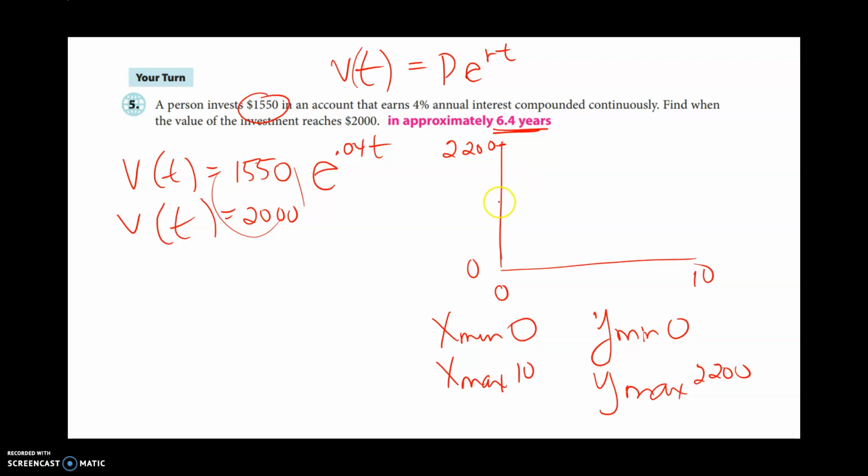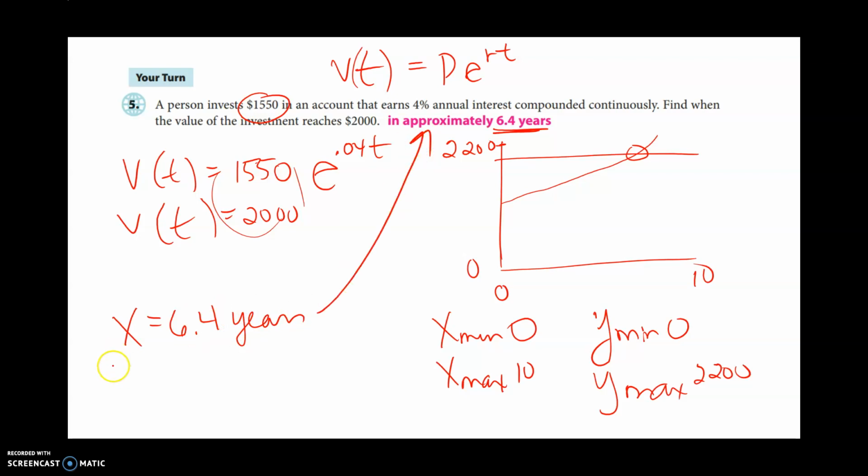I'm going to see it, just doing something like this. So I can find that intersection. Second calc, intersect. First graph, second graph, guess. At 6.4 years, oh my gosh, that's what they had. The value of that investment will be $2,000.